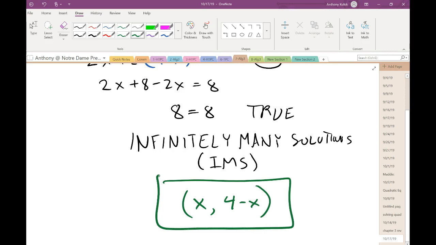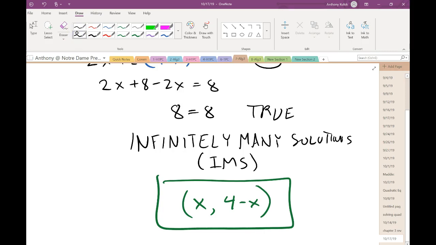Now, any ordered pair I pick is not going to be a solution, right? If I pick 1, 5, that's not a solution, right? But for x equals 1, I can find a y that is a solution, specifically 3. You guys okay with that idea?